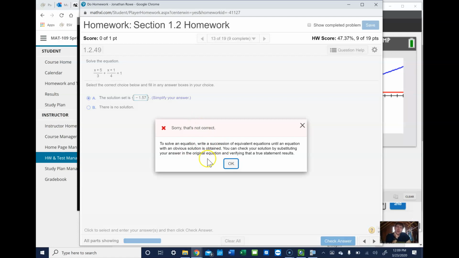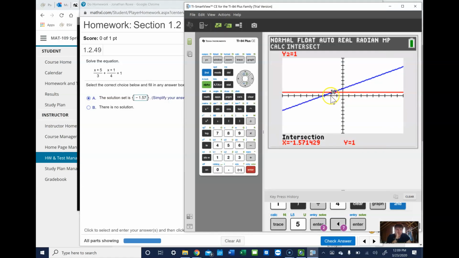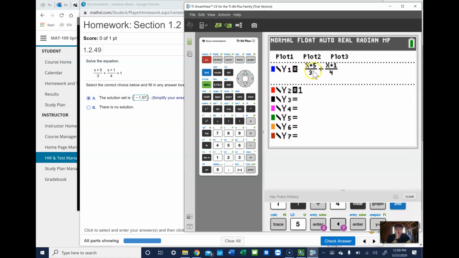So it wants a fraction. Instead of a decimal here, let me make sure I type this in right. X plus 5 over 3, x plus 1 over 4.